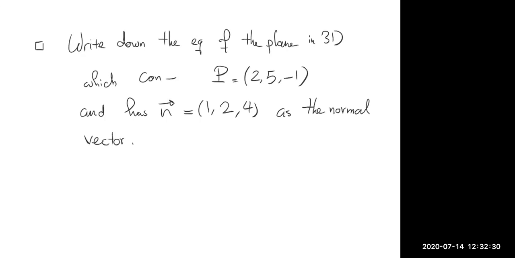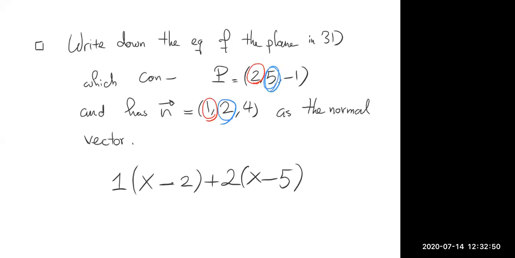Well, the equation would be A, which is this number, times (x minus x1), x1 is this number, plus b, which is this number, times (y minus y1), which is 5 here, plus c, which is -1 times (z minus z1), which is -1. Minus -1 would be +1, equals 0. This would be the equation of this plane.